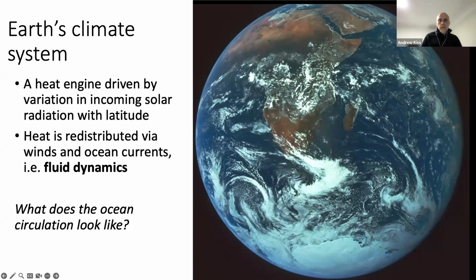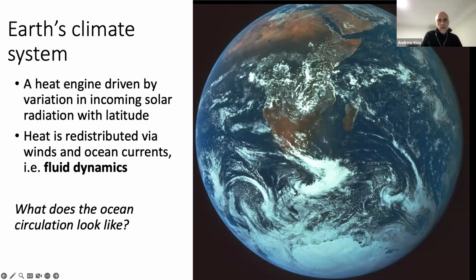And that sets up density gradients, and that sets up circulation in the atmosphere, and also buoyancy forcing on the ocean, and wind stress on the ocean, and that drives ocean circulation as well. Those circulations then redistribute the heat. So the Earth's surface temperature is much more uniform than you would expect just from the radiation coming in.